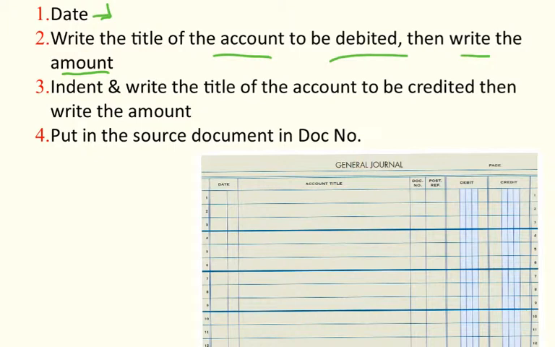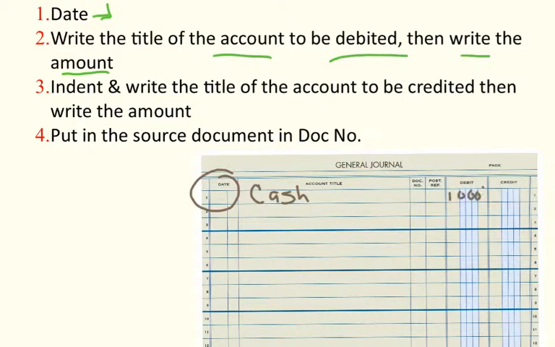So the first thing you have to do for the general journal is put in your date. Then you write the account title under the account title column, and we'll just pretend it's cash. And then you write the amount. So let's say you're getting in $1,000.